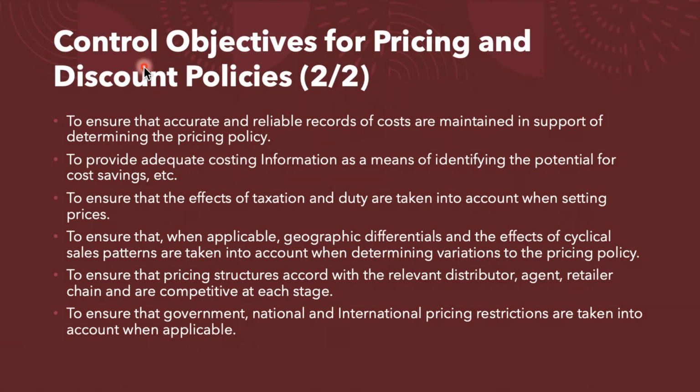Remember, in standard costing, we can have favorable variances kasi it's possible that we have obtained materials or labor that are much cheaper without compromising the quality or the value that we can give to our customers. Okay? Another control objective is to ensure that the effects of taxation and importation duty, no, are taken into account when setting the prices.